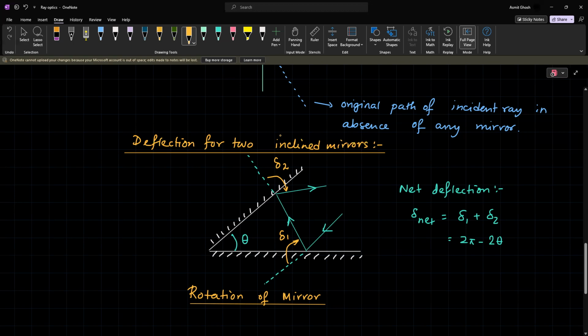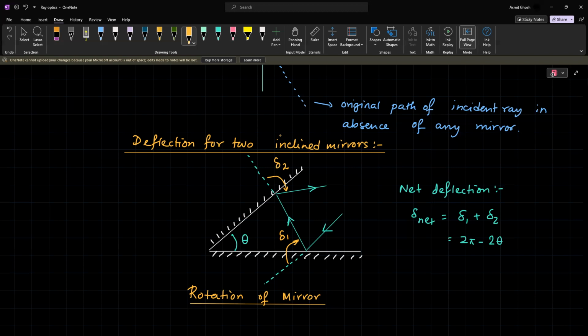Suppose two mirrors, 90 degrees inclined to each other. Theta is 90 degrees, exactly. So if we put 90 in place of theta, it becomes 180. Just pi. The answer will be just pi. Putting pi by 2, we get pi minus 2 into pi by 2, which is pi. Okay.